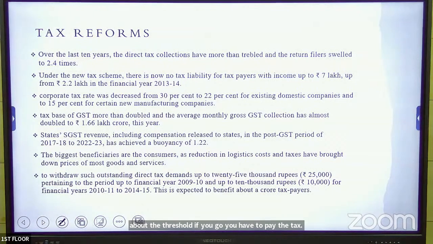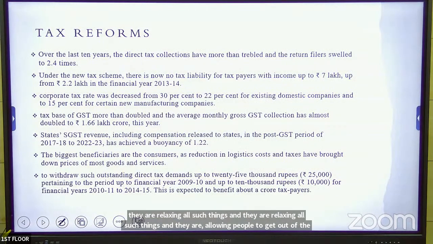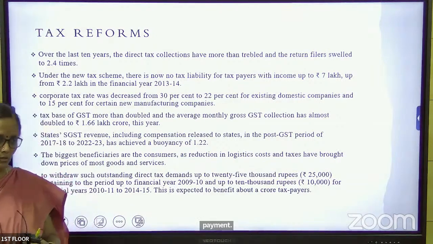Assume that you have to pay a tax of 50,000 in a year, which you didn't pay. Then they would have kept it as a demand from you for a very long time. It is a pending. Now they are relaxing all such things, and they are allowing people to get out of the payment. So they are saying it's going to benefit 1 crore taxpaying people. So these are all basically to put the money back into the hands of the people.